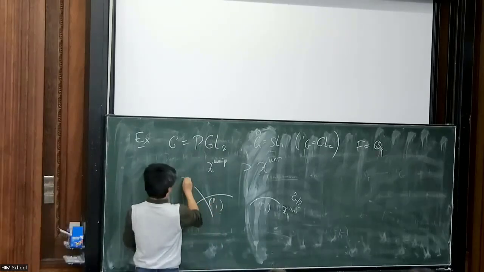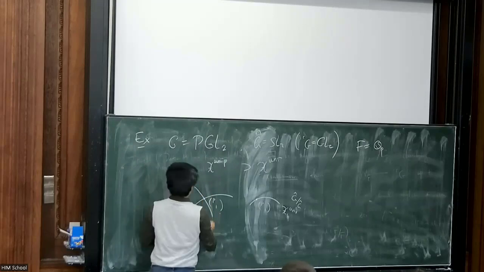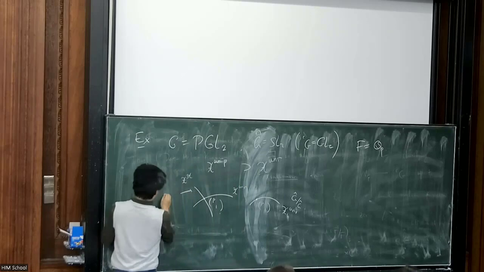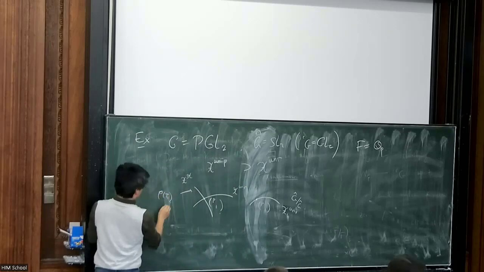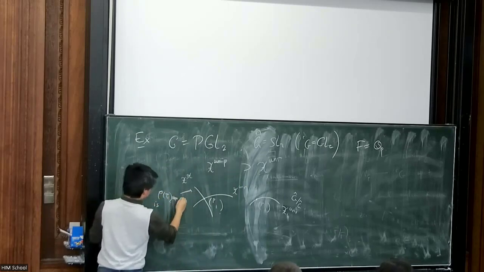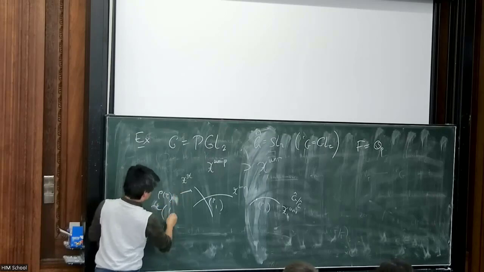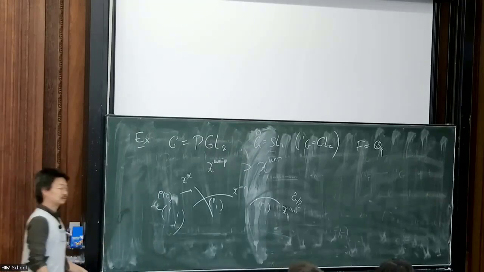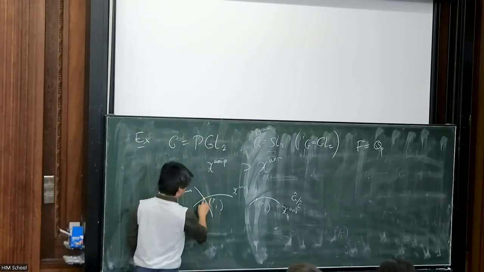This is the so-called Steinberg, and this classifies those where rho of tau is not 1, but is conjugate to (1 1; 0 1). And then they meet here.